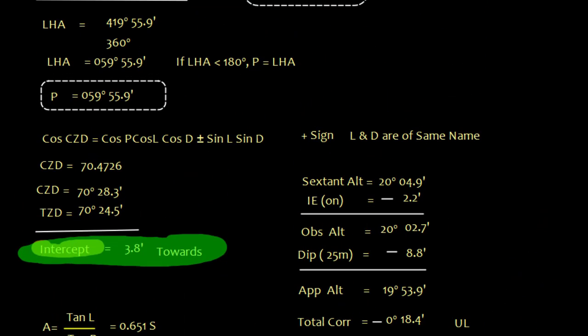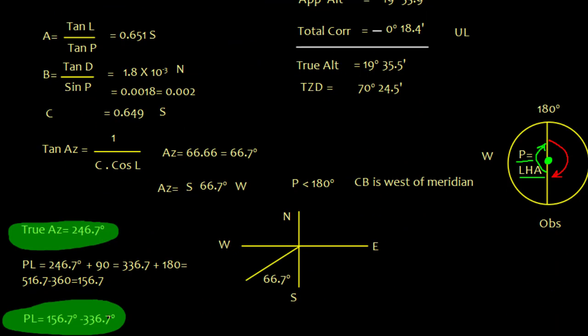LHA, if you see here, is 059 degree 55.9. So here the LHA is less than 180 degrees, so P is equal to LHA. And if the LHA is less than 180 degree, the body is going to be in the westerly direction. So here we write west. So the value is southwest. This is the azimuth. So sun is going to be somewhere here.